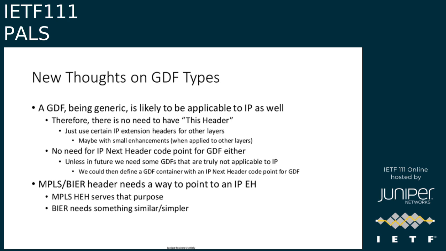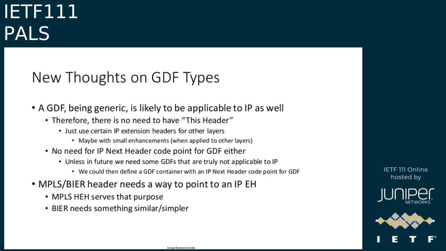So we do not need an IP next header code point to indicate that the next header is a GDF either, unless in the future we run into so-called GDFs that are truly not applicable to IP. In that case, if we want to save a number from the IP protocol number space, then we can have a GDF type, and then subtypes to indicate what kind of GDF it is.